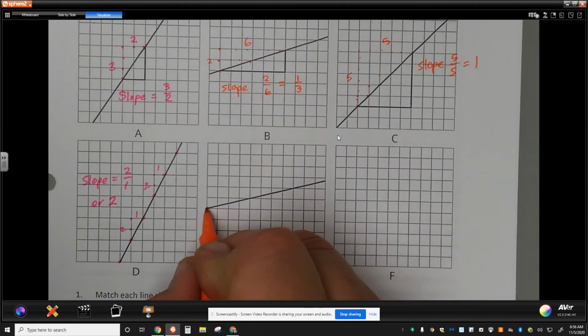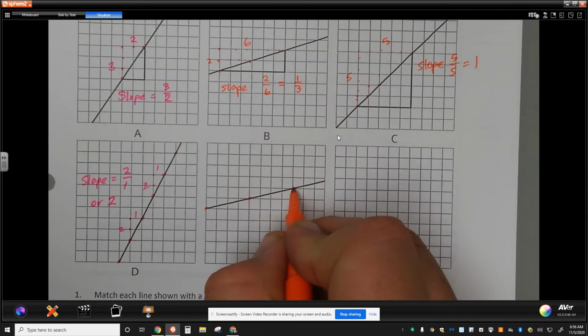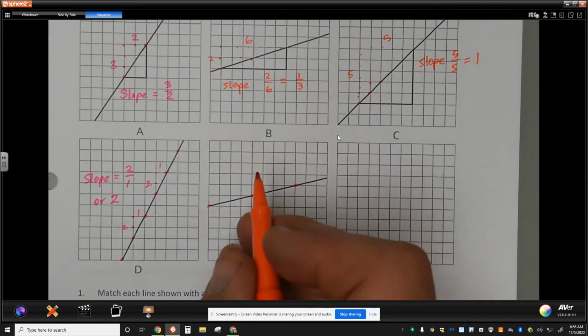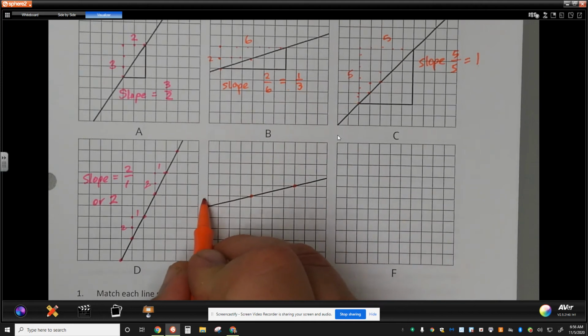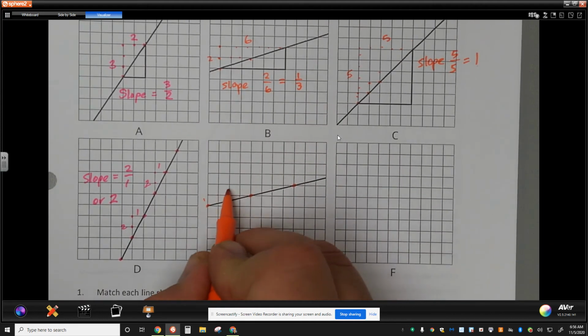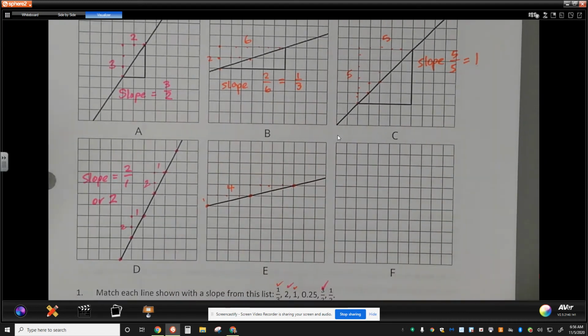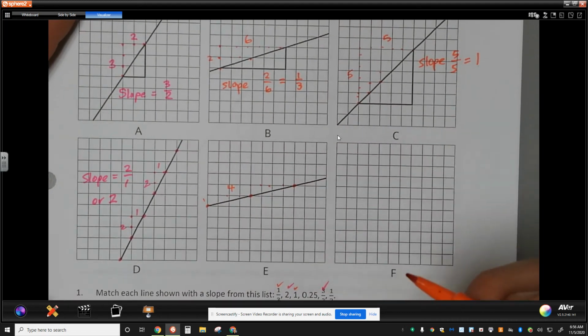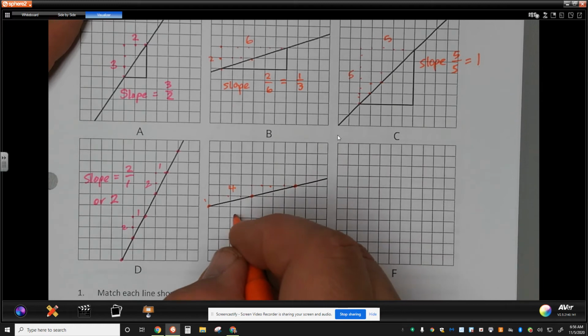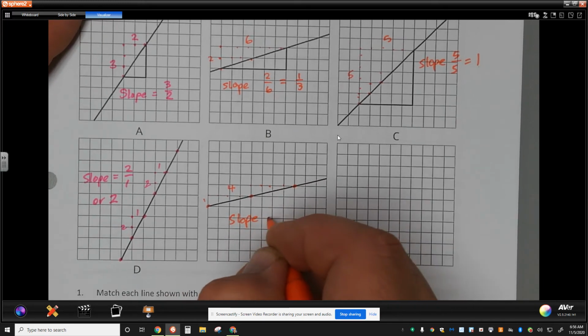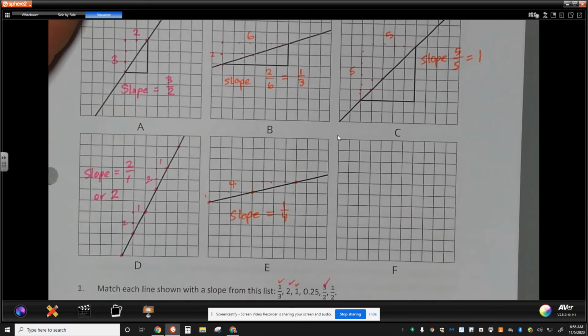Let's go ahead and look at the next one. On B, let's do the same thing here. Pick a point here, it appears to intersect here and here. Let's follow that ratio. Rise 1, run 1, 2, 3, 4, rise 1, 1, 2, 3, 4. We see that pattern continues, which is really good because that means we're going to get a straight line. So our slope here is equal to 1/4.